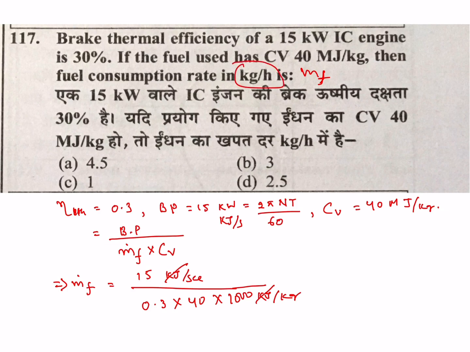But the question asked in kg per hour, so again, 15 into 3600 divided by 0.3 into 40 into 1000.